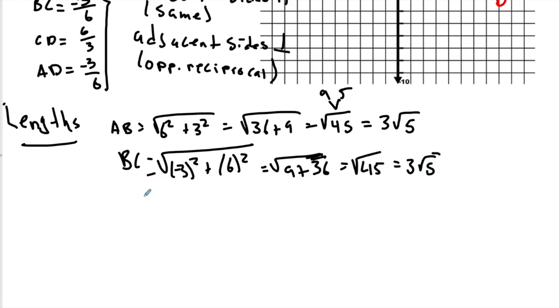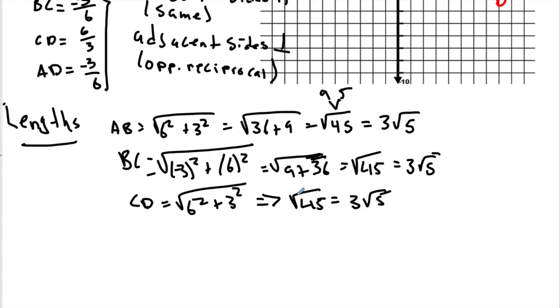Okay, next one I've got CD. Okay, and CD is obviously going to be 6 squared plus 3 squared. So you can just go right to, that's root 45 or 3 root 5, because we've already done this up here. And then lastly, AD, well, that's not going to be any different than BC, because you're literally squaring the exact same thing.